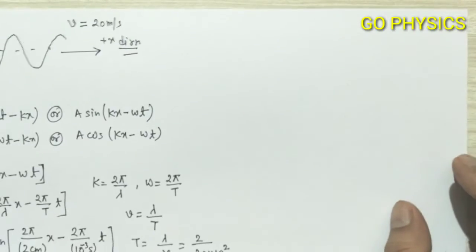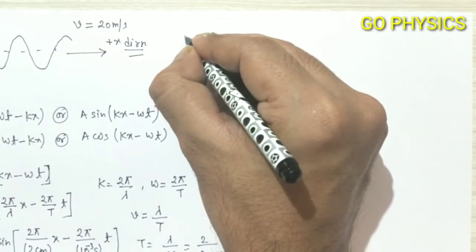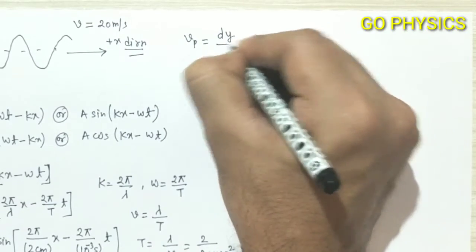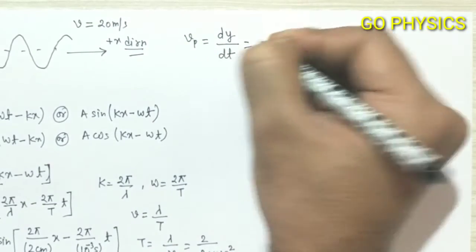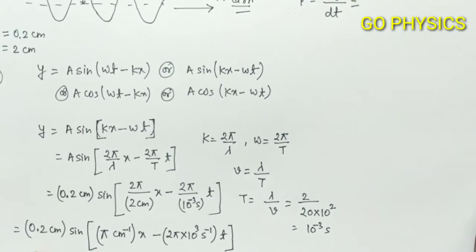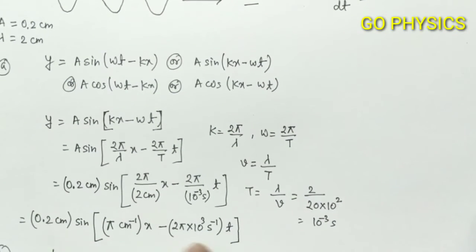Now see the second part of B, that is they are asking the velocity of the particle. As we know, velocity of a particle is the derivative of displacement with respect to time. So we will differentiate the equation we got for y.